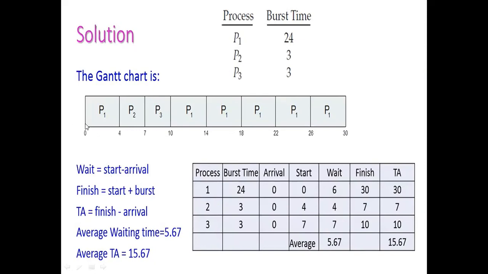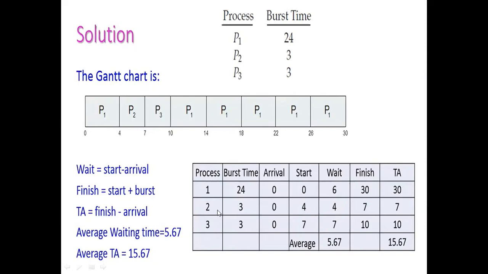For the process P1, the wait time is 10. After the 4 time quantum, the process P1 comes here next. So 10 minus 4, the waiting time for the first slot, is 4, so 10 minus 4 gives the waiting time of 6 for the process P1.